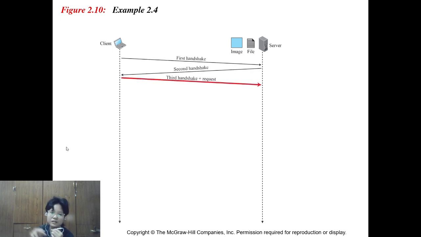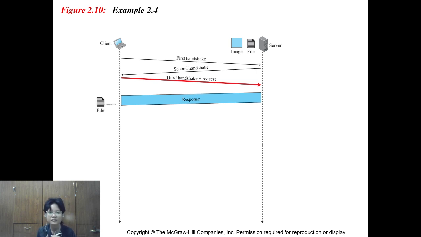And this is how it connects. Client sends the first handshake and the server sends the second handshake back. Then the client sends the third handshake and a request to the server, and the server responds back. And then we will receive a file.